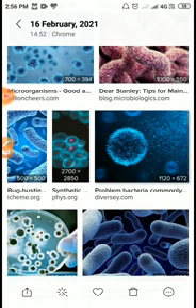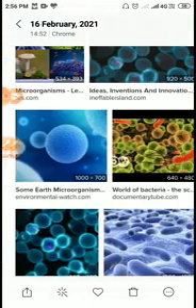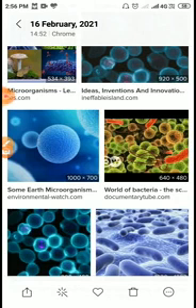So, dear students, come to the next bacteria, that is rhizobium. Rhizobium is found in the root nodules of leguminous plants, meaning plants which produce pulses. These pulse producing plants have root nodules, and in these root nodules the bacteria rhizobium is found.